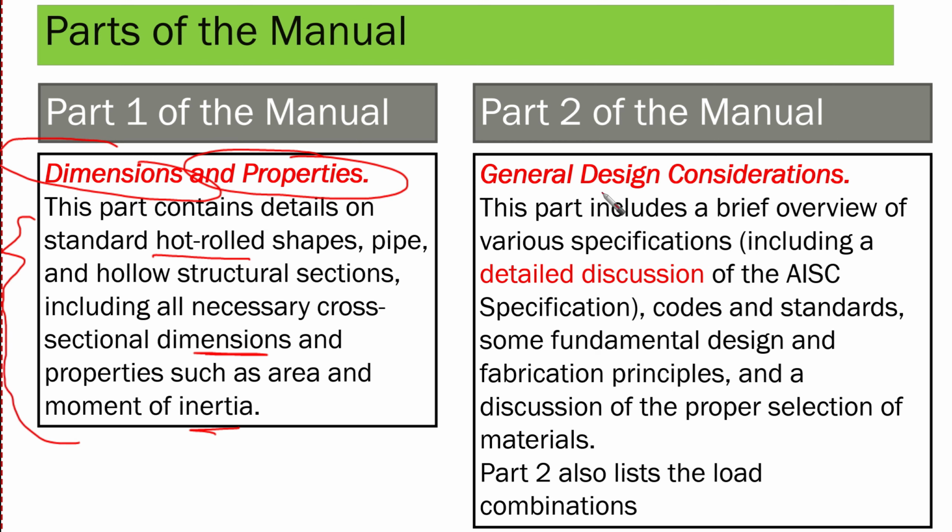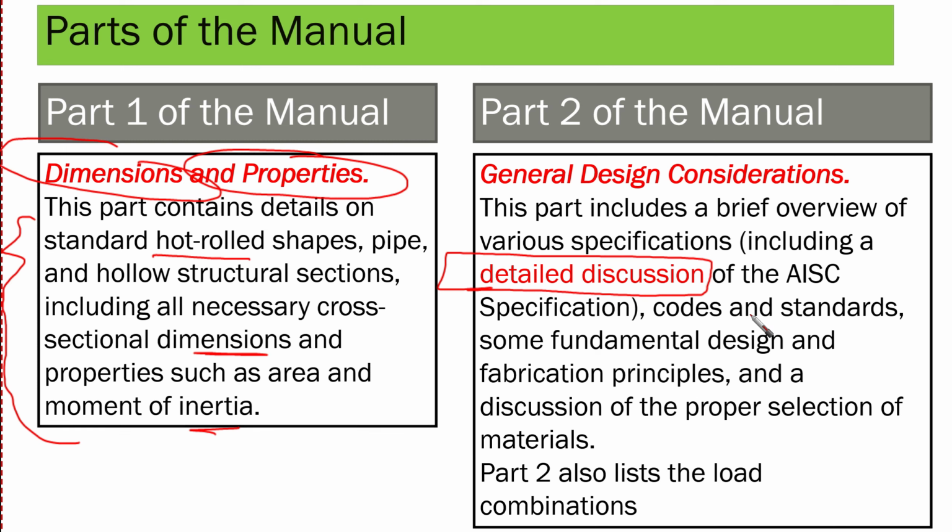Part 2 of the manual is general design considerations, and this part includes a brief overview of various specifications, including a detailed discussion of the AISC specification. That's a very important thing. Whenever you want to go through some of the specifications and some of the very useful discussions, you can go to this part.